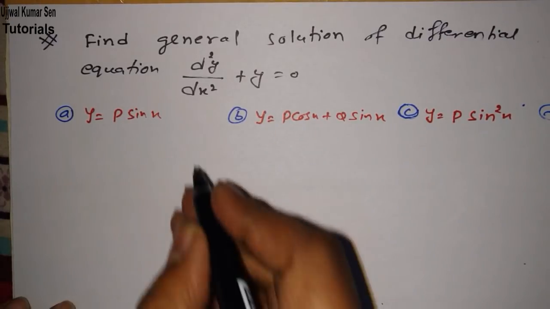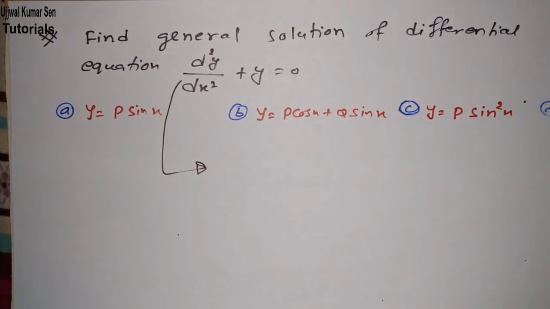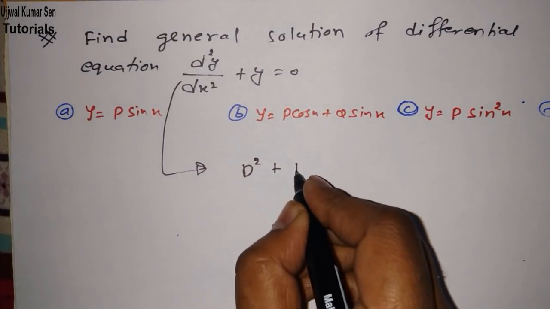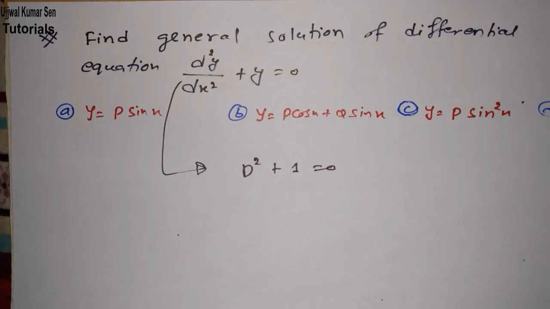So we can write this equation as the auxiliary equation. How can we write this? D square plus 1 is equal to 0, right? This is simple. If you haven't watched my previous tutorial related to linear differential equations of nth order, I recommend you watch those, because this is case number 3.